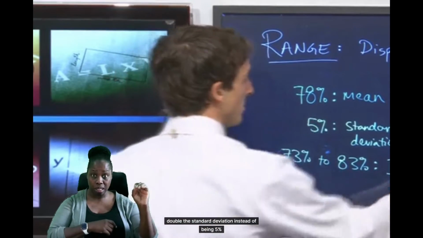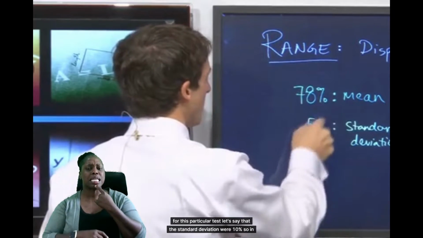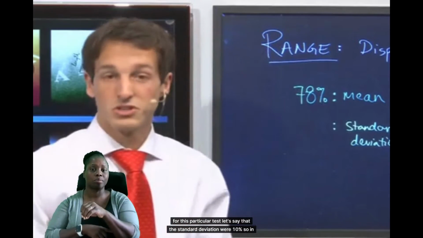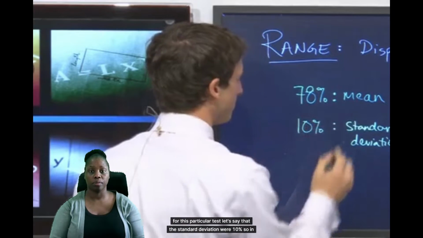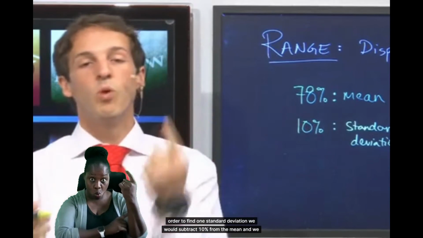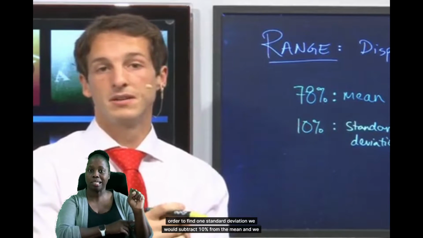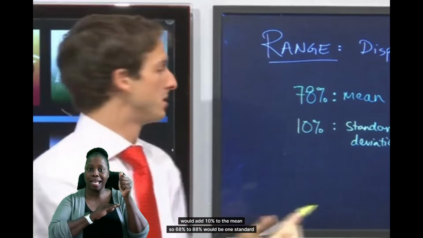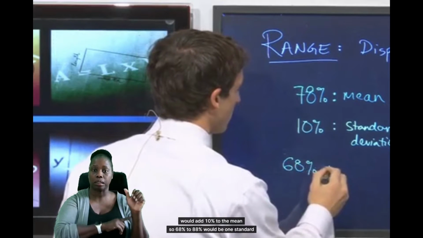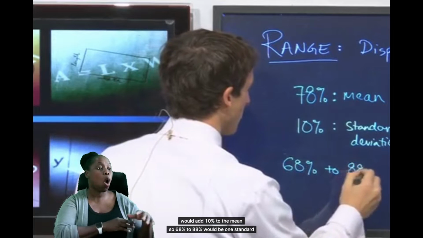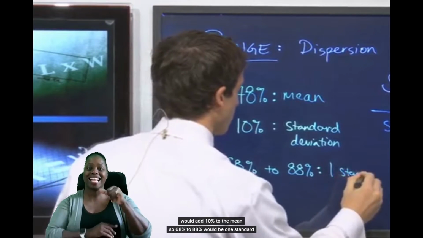Instead of being 5% for this particular test, let's say that the standard deviation were 10%. So in order to find one standard deviation, we would subtract 10% from the mean, and we would add 10% to the mean. So 68% to 88% would be one standard deviation.